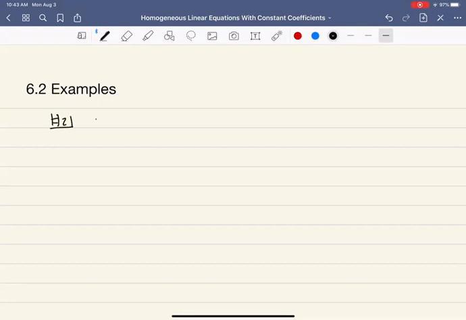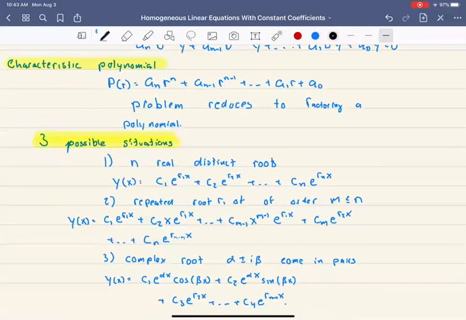It gives you y triple prime minus 3y double prime minus y prime plus 3y equals 0.